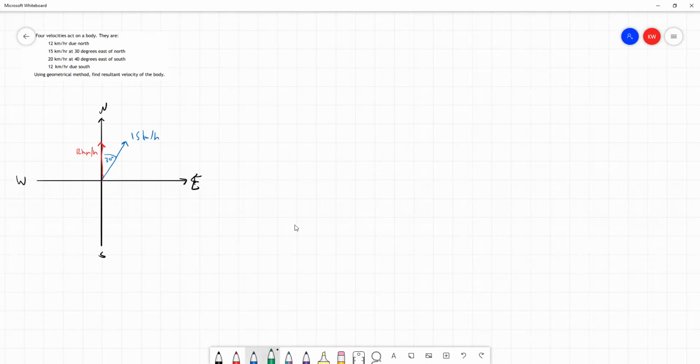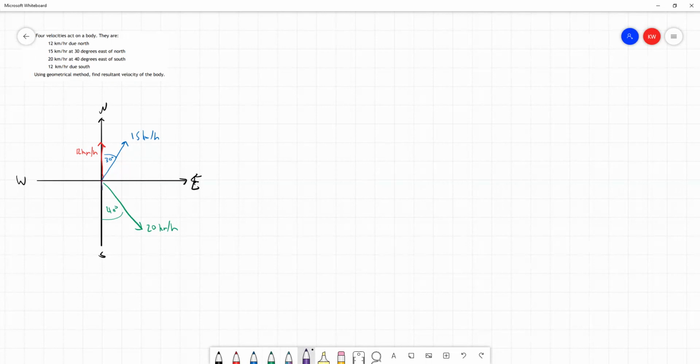We're told also we have a vector acting at 40 degrees east of south. So again, that's if we're pointing straight south and we move towards east by 40 degrees. So something that looks a bit like this. So this angle here is 40 degrees, and I'll mark that in. Saying this vector is 20 kilometers per hour. And lastly, in purple, I'll draw a final vector, and it's acting due south.